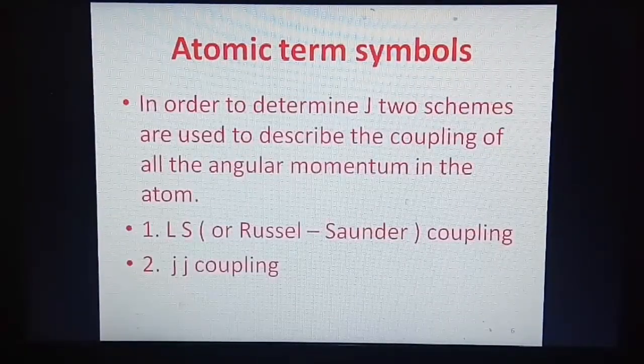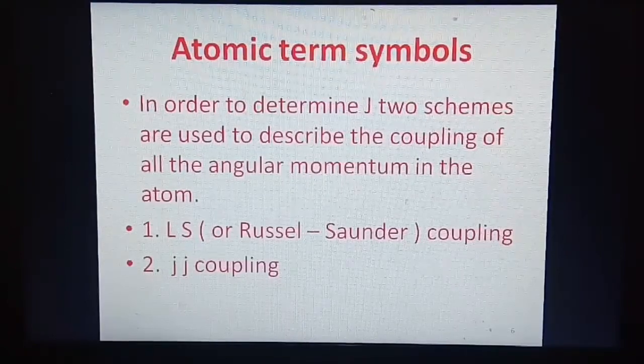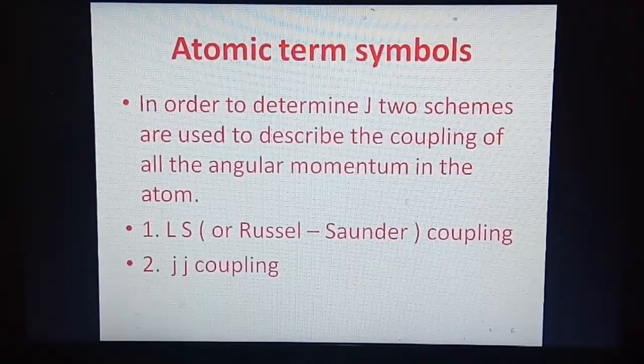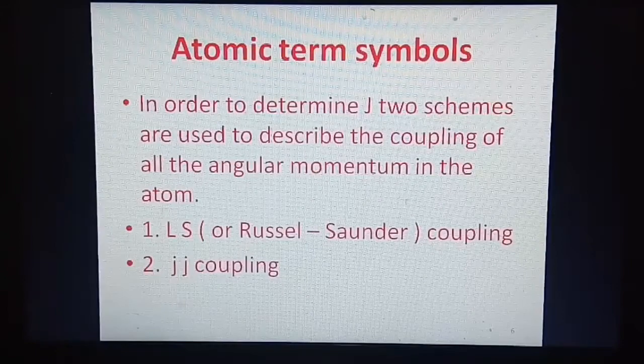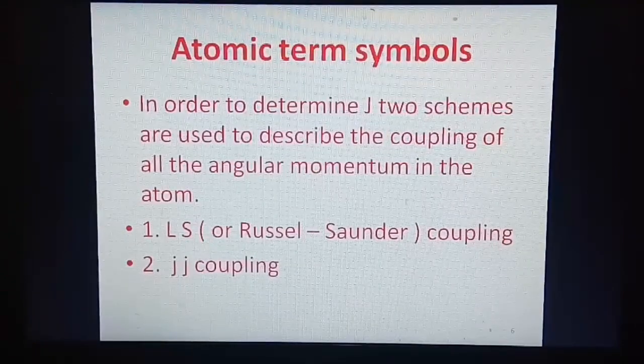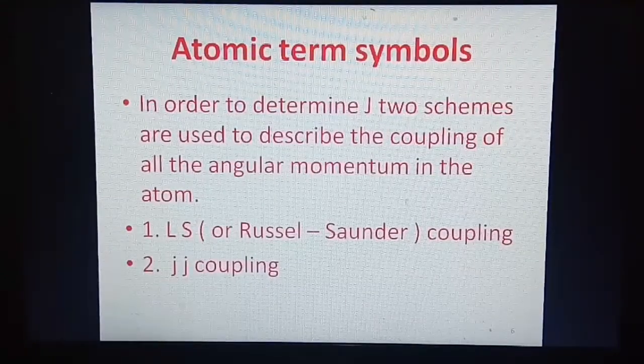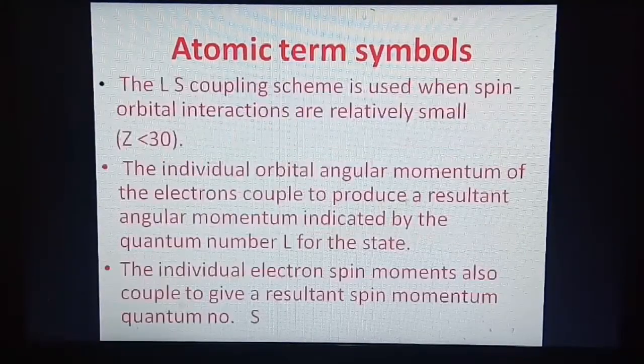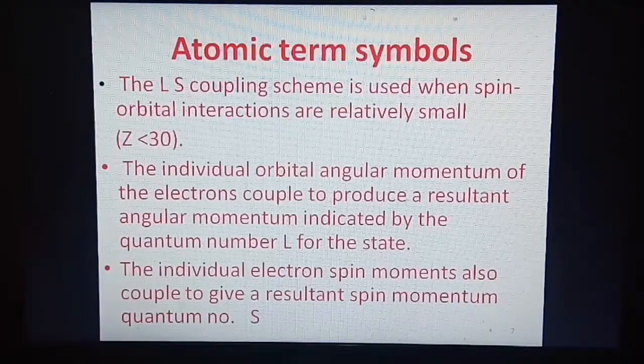In order to determine J, two schemes are used to describe the coupling of all the angular momenta in the atom: LS or Russell-Saunders coupling and jj coupling. The LS coupling scheme is used when spin-orbit interactions are relatively small, that is, Z is less than 30.